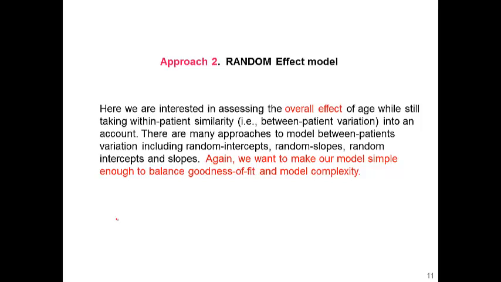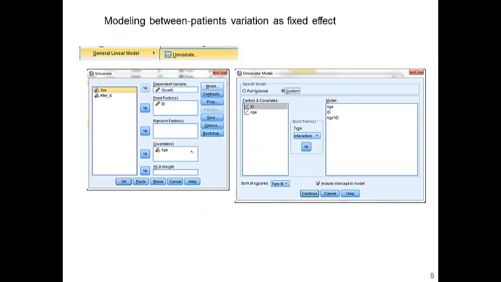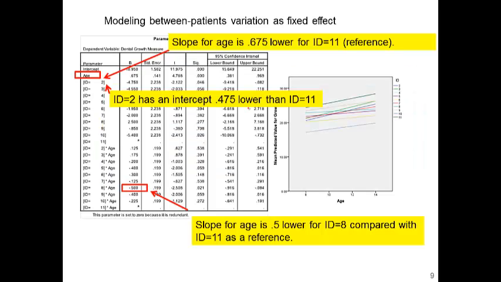And here we are interested in assessing the overall effect of age while still taking within-patient similarity into account. One way is to include ID as a variable. So we did that with linear regression. But the problem with this approach is we start comparing between girls, which we don't want to do. And also, this model is severely overfitted.